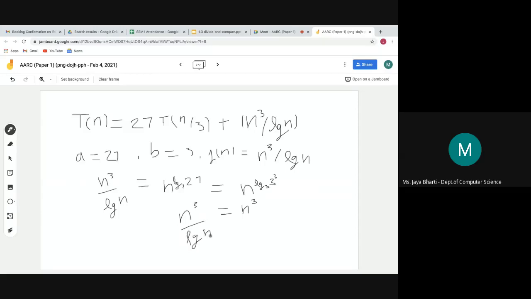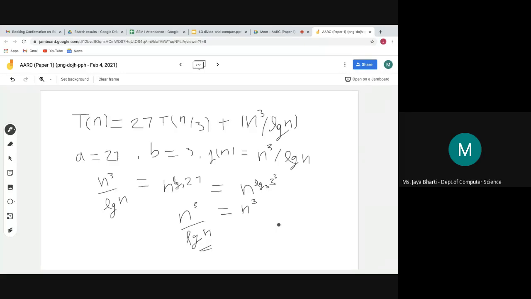Now we can say that this part will be smaller than this one, because n cube is here and n cube is here, but in this case n cube is divided by log n. But the condition is that whatever function you are comparing should not be just smaller or larger than the other one, but it should be asymptotically smaller or larger.